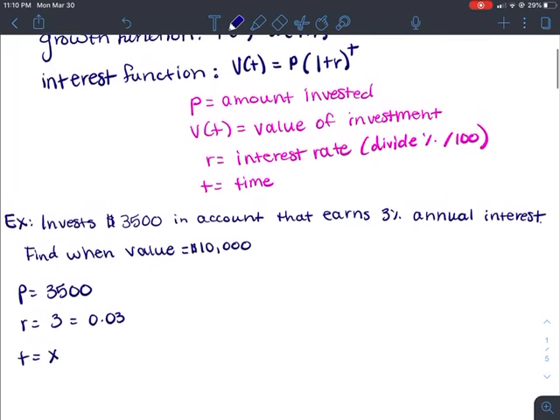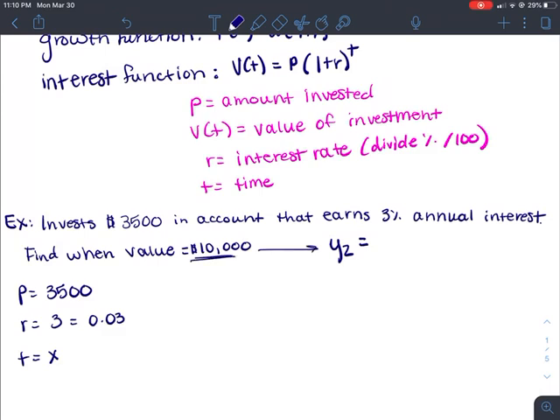Okay, so I have enough to solve for V of t. We're going to go here and put our Y2, because we have to use our graphing calculator to find these answers. We're going to find the intersection. When the value equals $10,000, that's our Y2, so Y2 is 10,000.